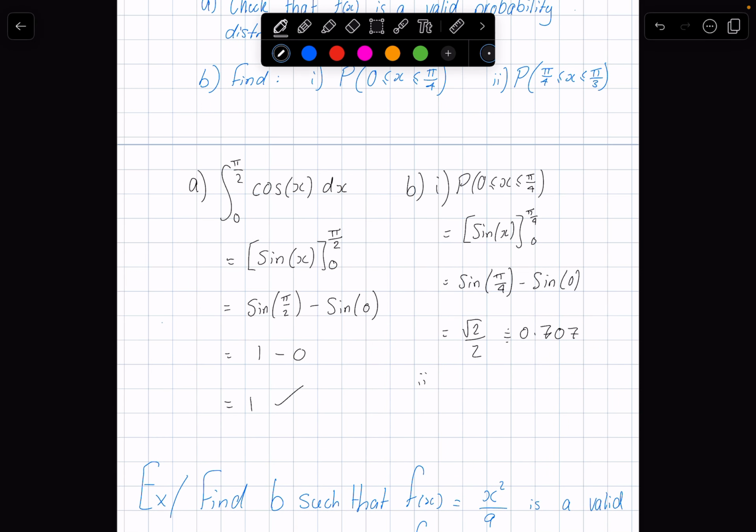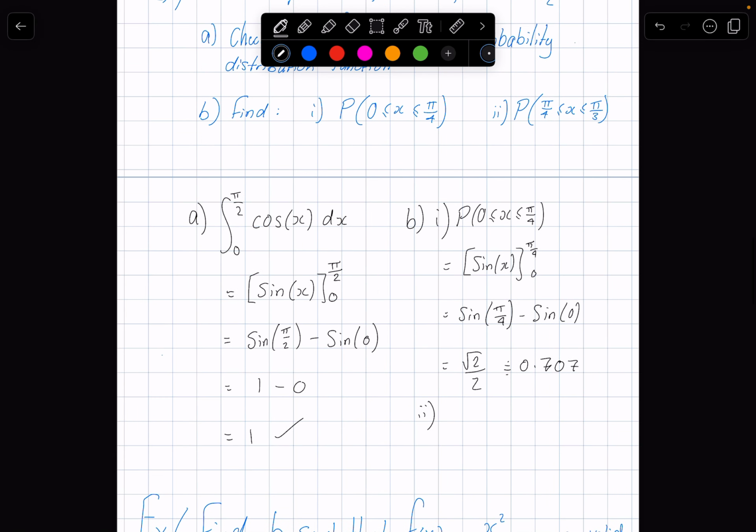Now again, we'll just quickly do it for pi on 4 and pi on 3. So sine of x, and we're solving that from pi on 3 on the top, pi on 4 on the bottom. Now sine of pi on 3, that's the bigger angle, so that's going to give us a higher sine value, which is root 3 on 2.